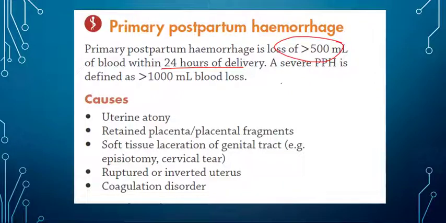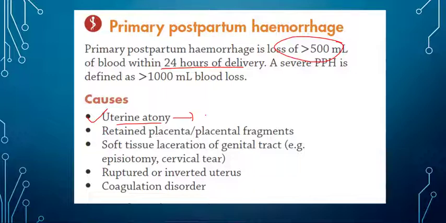The most common cause of primary PPH is uterine atony, in which the uterus becomes very lax. Normally after delivery, the uterus starts to contract and becomes hard, and that's how it stops bleeding. But in uterine atony, the uterus becomes lax, very soft and relaxed. So for uterine atony, the management is fundal massage.